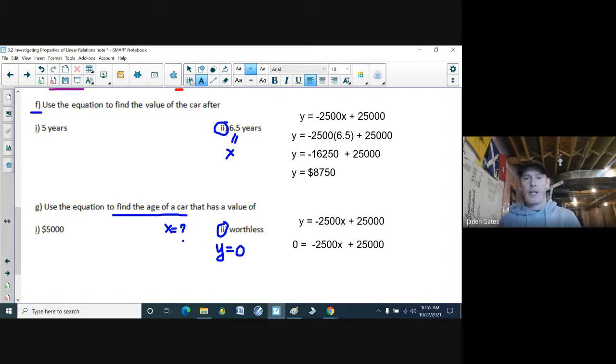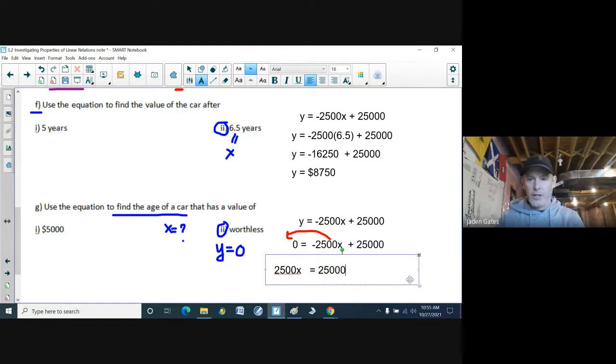I have to separate things. So I got a couple different things I could do, but I'm going to move my X over to one side, leave my 25,000 on the other. And so again, when you're changing sides, you change signs so that minus 2,500X is now going to become positive 2,500X. And it's going to equal 25,000.